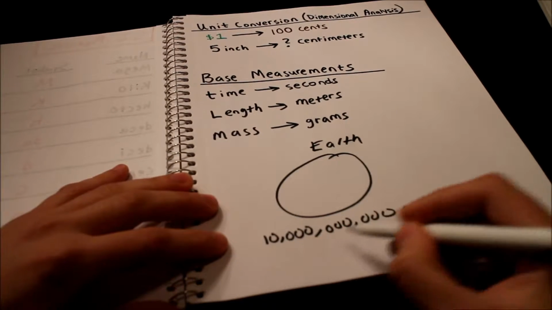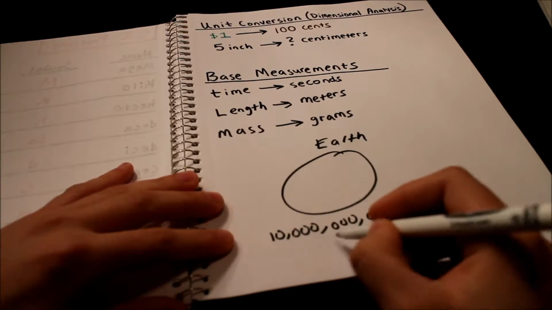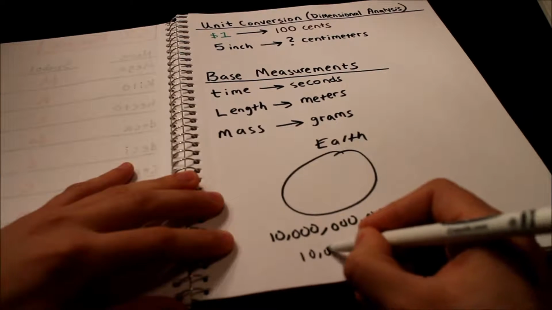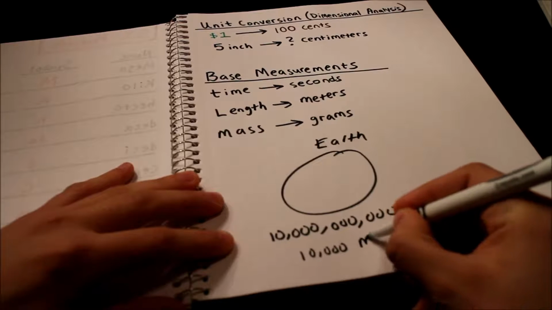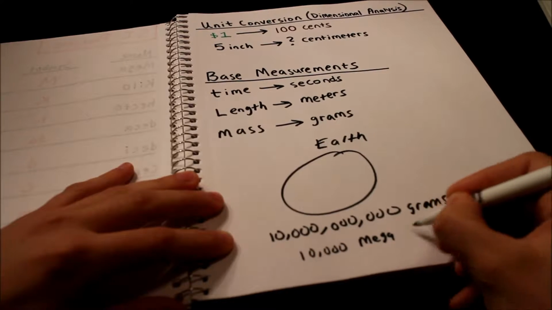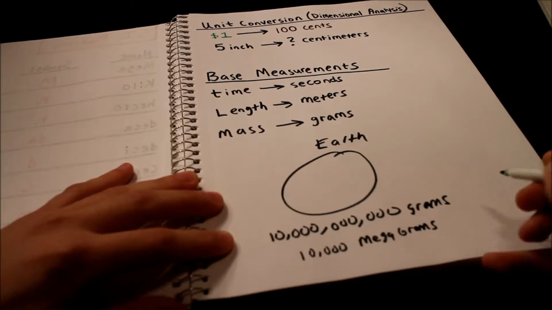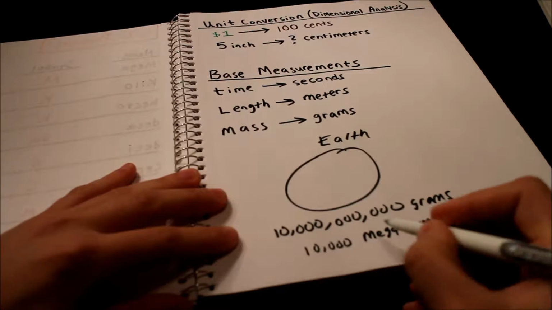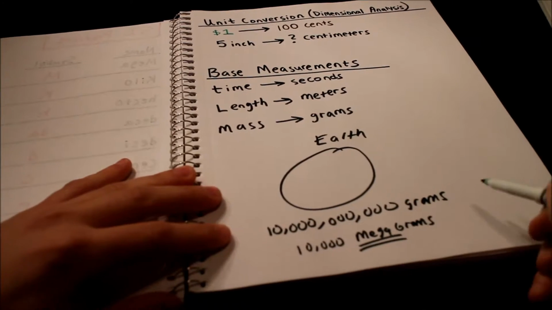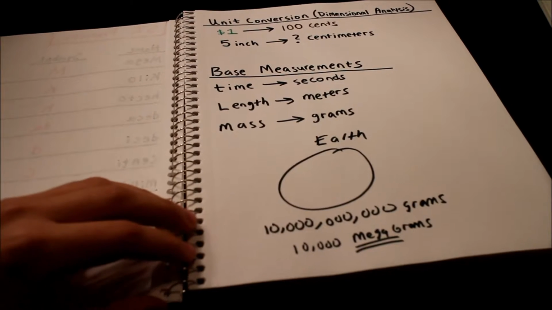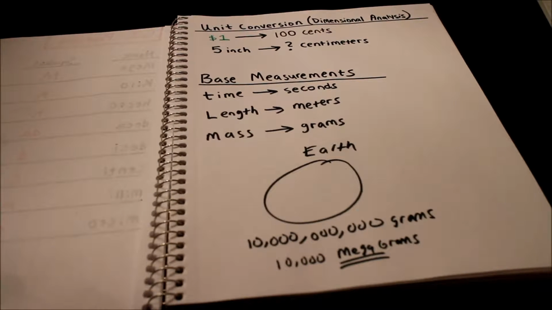Well, instead of writing 10 billion grams, maybe I could just write 10,000 megagrams. So this mega, this is called a prefix. It just makes things easier. So I'm going to be teaching you everything in the SI unit, which stands for Standard International.